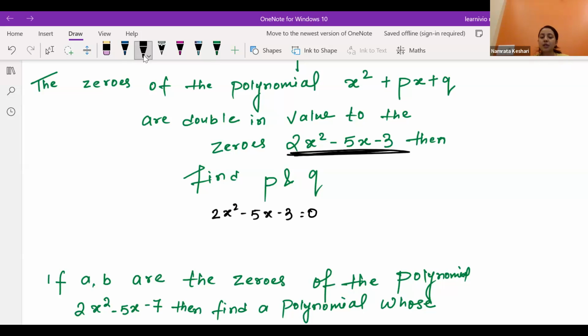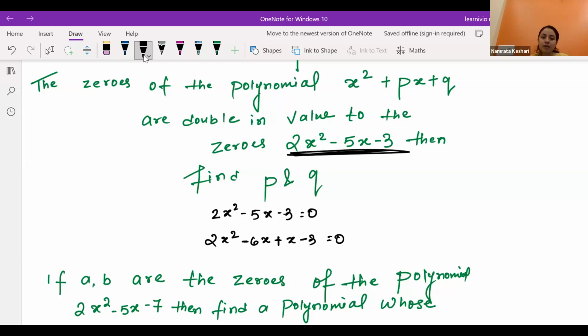Let's try splitting the middle term. What are we going to have? 2x square, 3 times 2 is 6, so we can take minus 6x. Or will it work? Just a moment. Let me check. Plus x. Yes, minus 3. Yeah, it will.